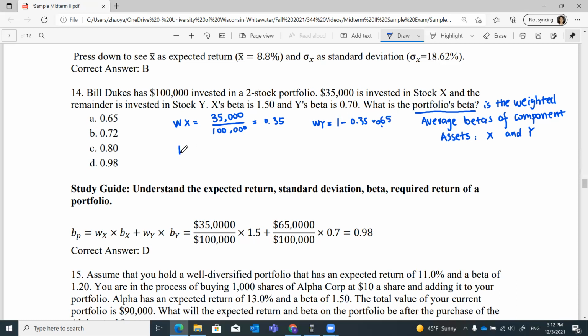So the portfolio beta equals the weight of X times beta of X plus the weight of Y times beta of Y, which equals 0.35 times 1.5 plus 0.65 times 0.7.